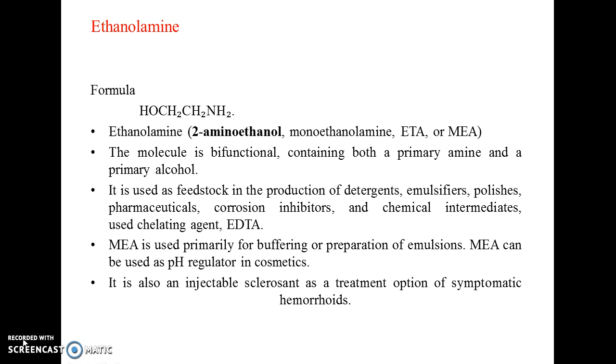Next, coming to the structures of a few amines. For example, we have taken the first one as ethanolamine. Its formula is OHCH2CH2NH2. Ethanolamine is also known as monoethanolamine, and its IUPAC name is 2-aminoethanol, as the basic chain is a 2-carbon chain with the two functional groups OH and NH2.